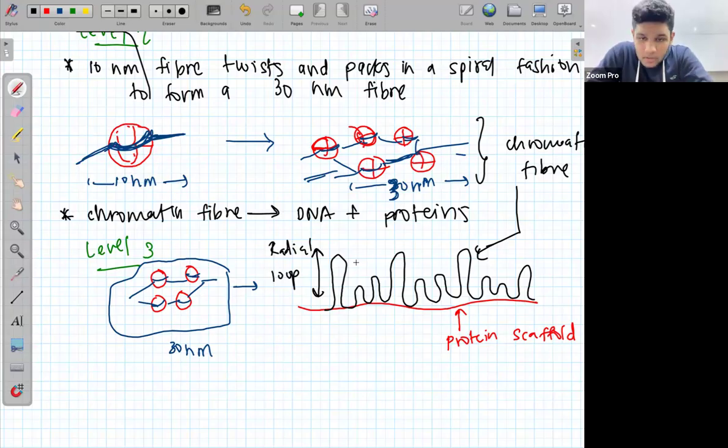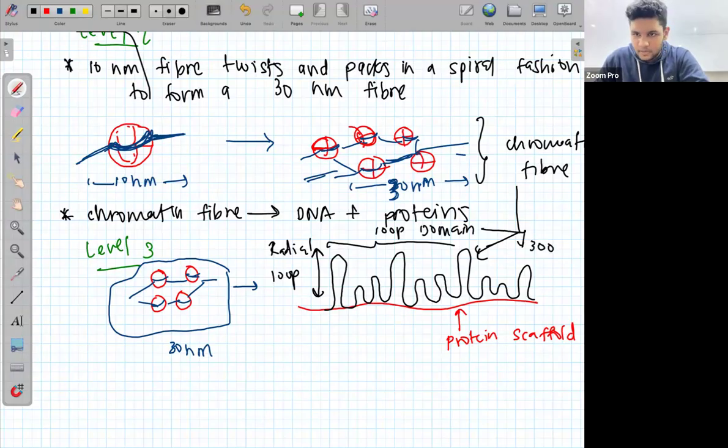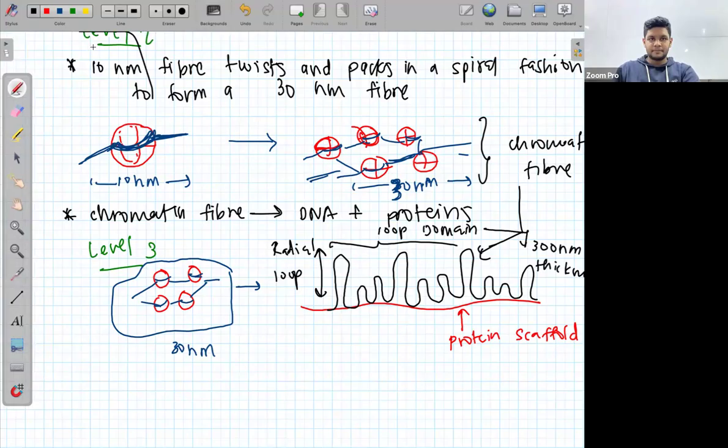These loops that are formed, the collection of loops, are called the loop domains. Can you understand? Loop domain. And this is a loop collection, right? So loop domains, 300 nanometer thickness, right? That's it. Now level 4.